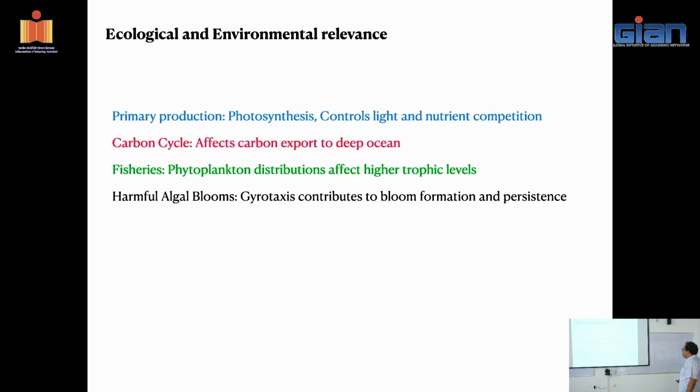Okay, fisheries: phytoplankton distribution affects higher trophic levels. I mean by higher trophic, fishes and all. So if it forms, for the ones which are there, it's disastrous. Okay, so you can have these harmful algal blooms, and gyrotaxis contributes to bloom formation and its persistence. So people are interested in understanding its formation and its consequences.